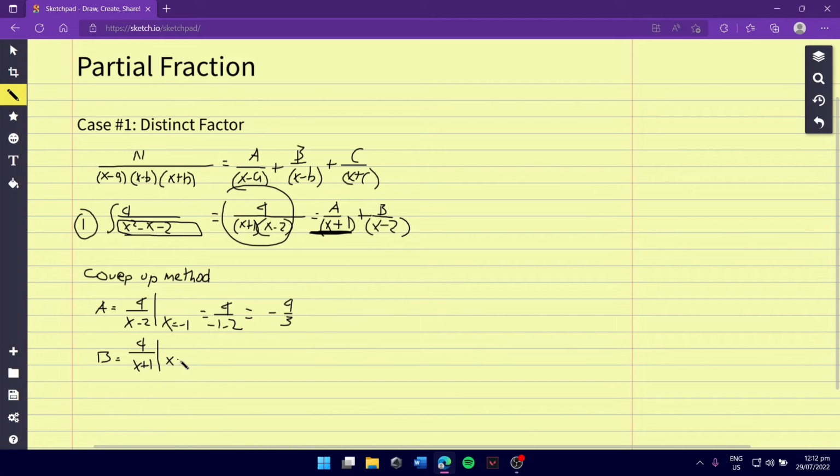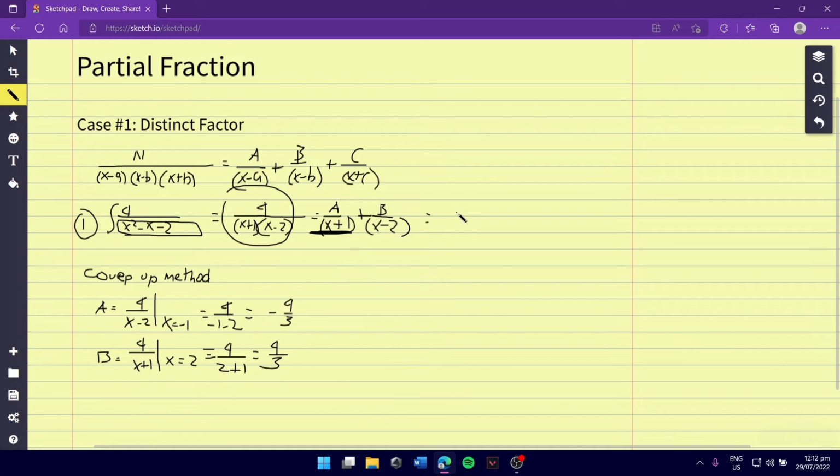So x is equal to 2. So 2 minus 2 is equal to 0. Then substituting the value of x, which is 2, this will become 4 over 2 plus 1. So we have positive 4 thirds. So now we know the value of our a and b.